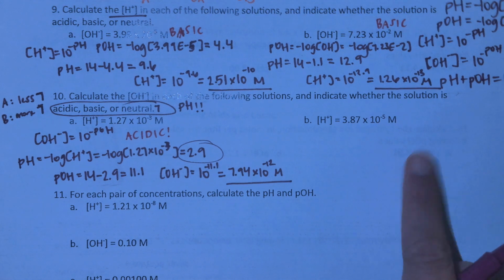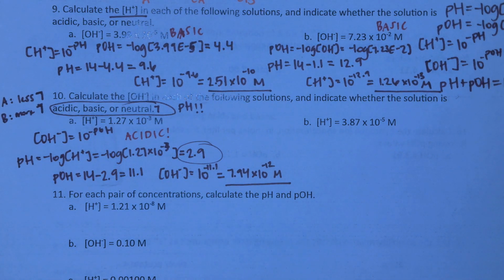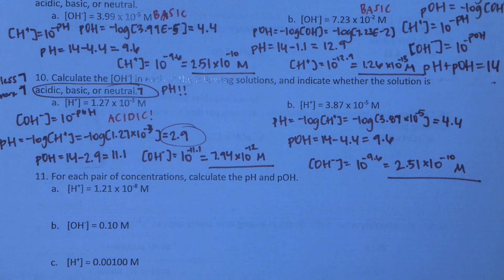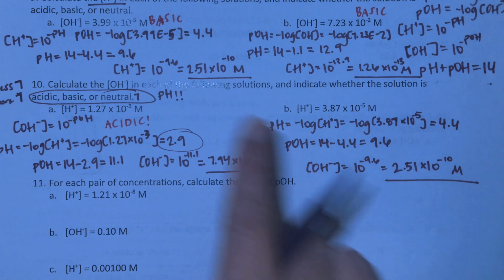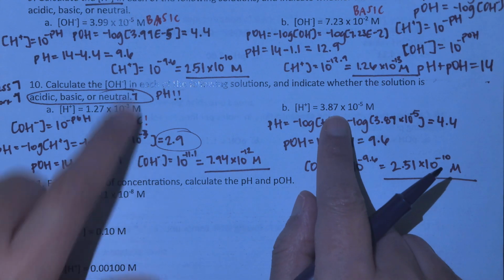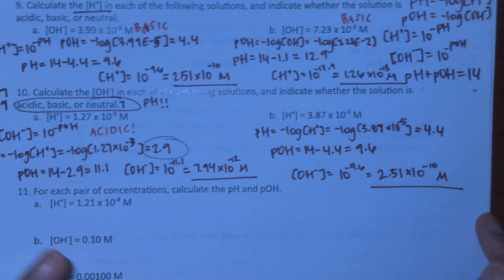Alright, try to do this one. Again, same process, and also answer whether it's acidic, basic, or neutral. Okay, you should have gotten 2.51 times 10 to the negative 10, and just so happens the same number here. But the numbers are pretty close, so which is why I got the same answer, which is okay.